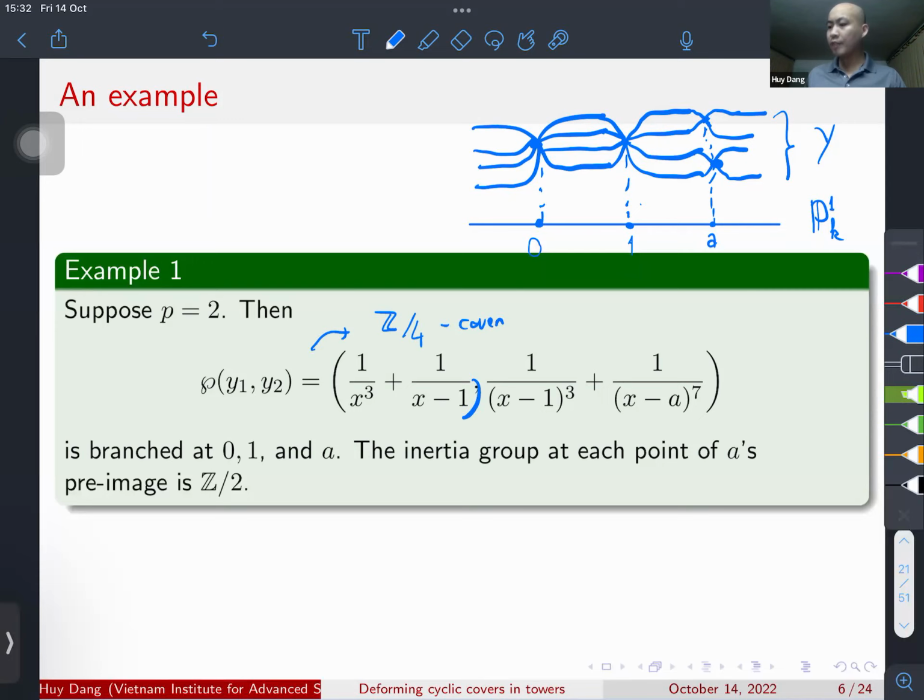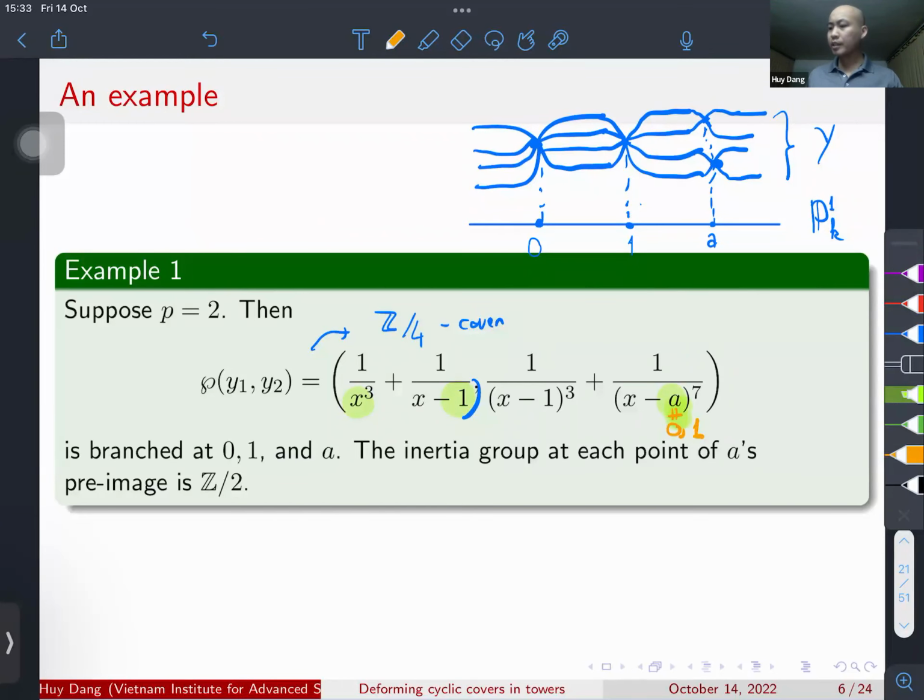Moreover, the bit vector can tell you about the ramification of the covering. For instance, in this example, if you count the poles, you see it has a pole at 0, a pole at 1, and a pole at a, where a is different from 0 and 1.